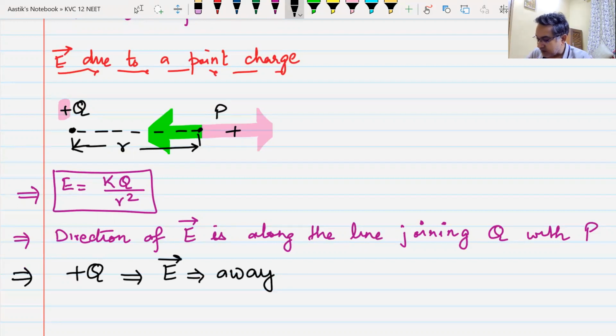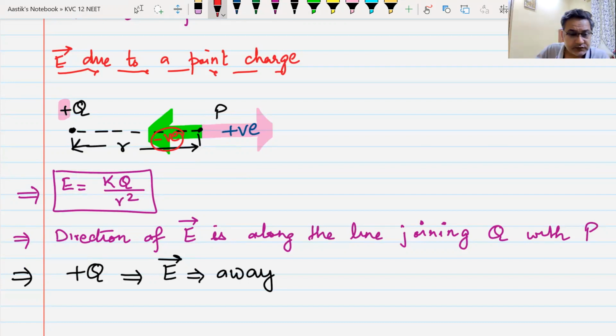So if the charge is positive, your field will be going in this direction. If the charge is negative, then the field will be coming towards the charge. Do we understand this? Yes, sir.